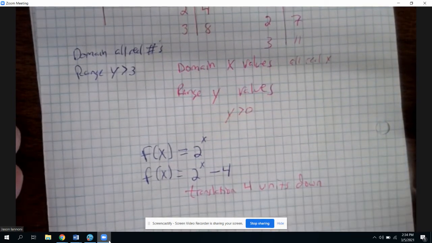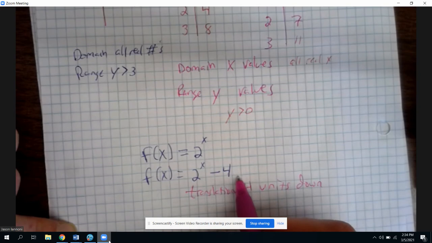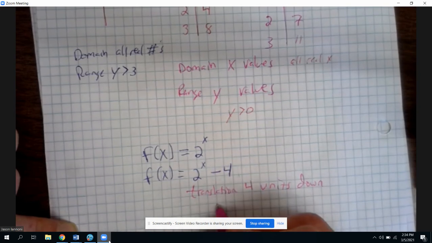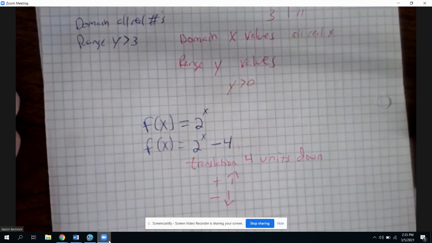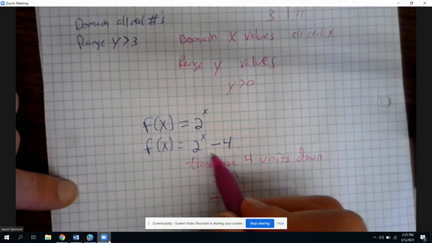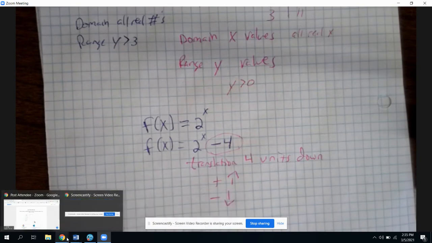So what you need to memorize is that when the plus or minus happens down here with the base, that is vertical. Plus means up, minus means down. When you are adding to this big number down here.